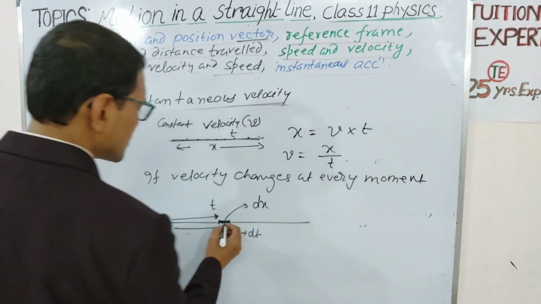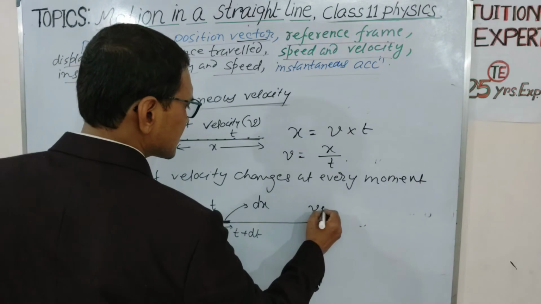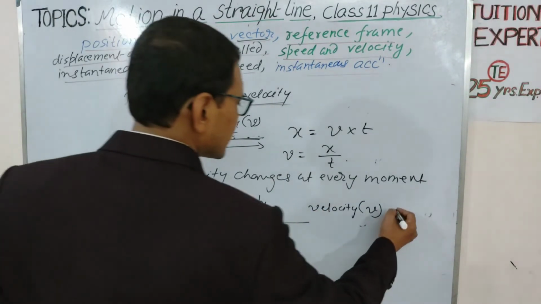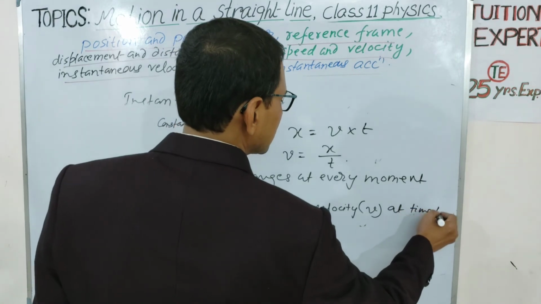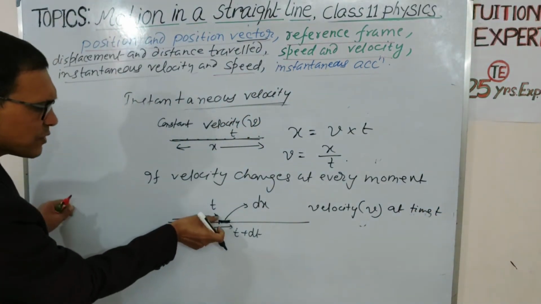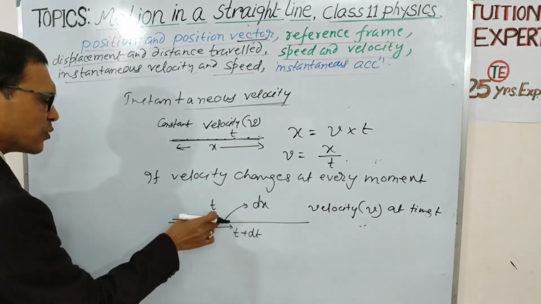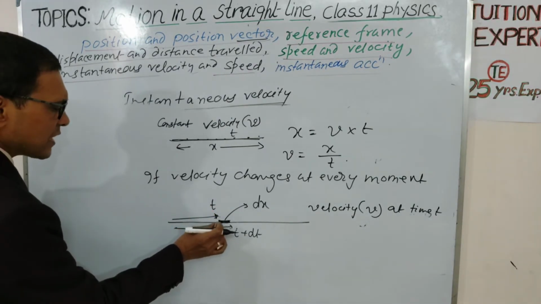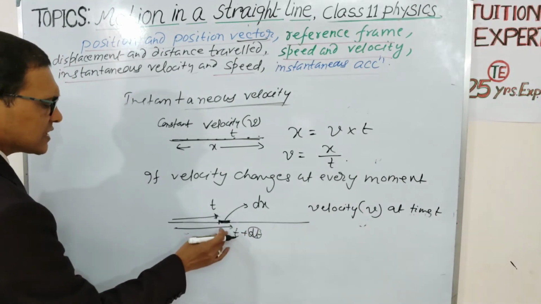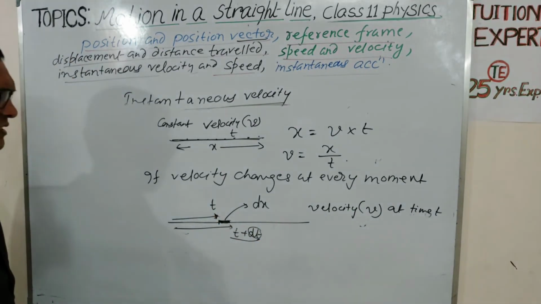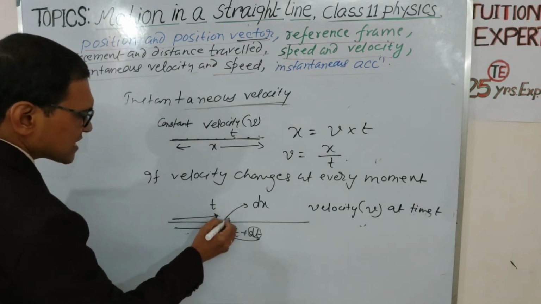Suppose at instant t the velocity is v. Instant means at that moment. So after a small time t plus dt, the body moves some distance dx.